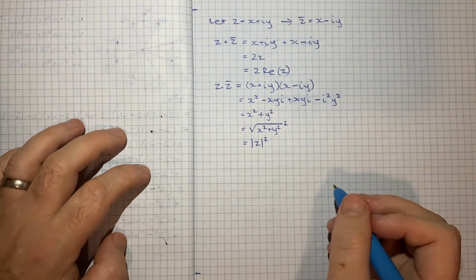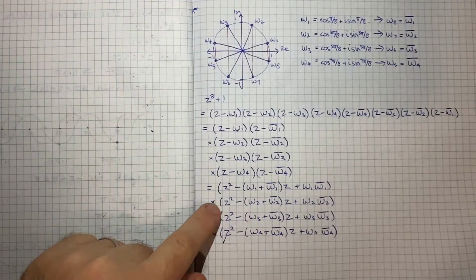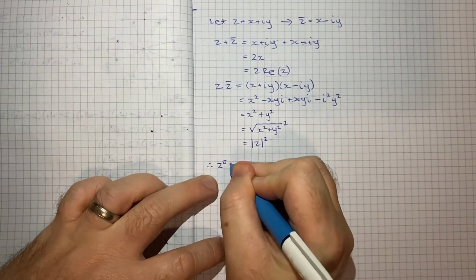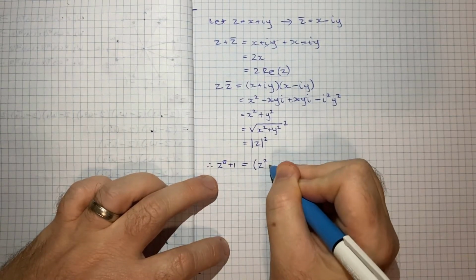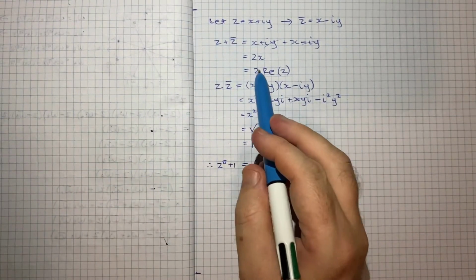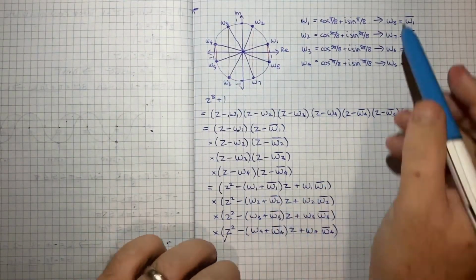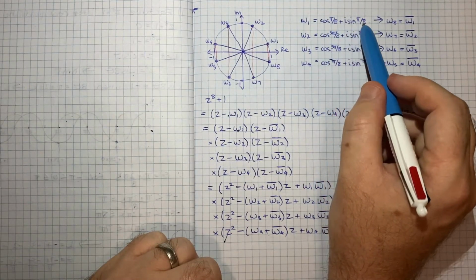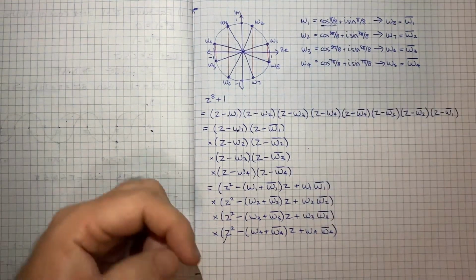Now we can put those results into our factors here. So what we can say is therefore z to the 8 plus 1 is equal to z squared minus 2 times the real part of omega 1. Now omega 1 we noted was cos pi on 8 plus i sine pi on 8, so the real part is this. So it's going to be 2 of that.